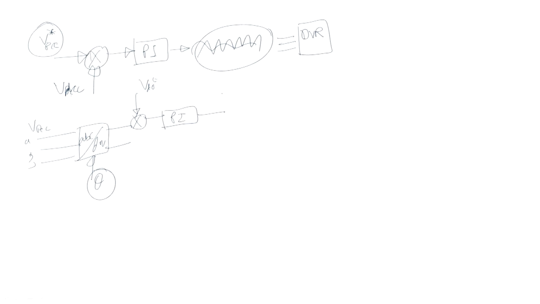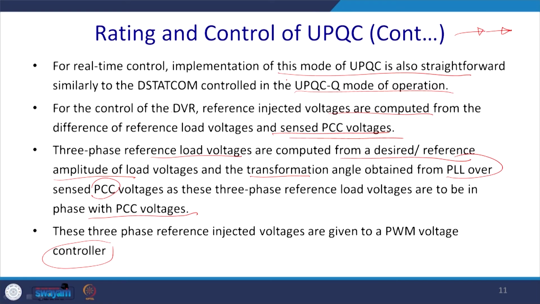Now, again you reconvert from DQ to ABC, and the same theta is applied, and theta is generated so that it ensures that you inject the voltage in phase at the PCC. So, that is what has been written here. This 3 phase reference injected voltage is given to the PWM voltage controller.